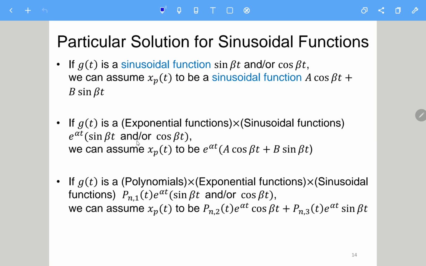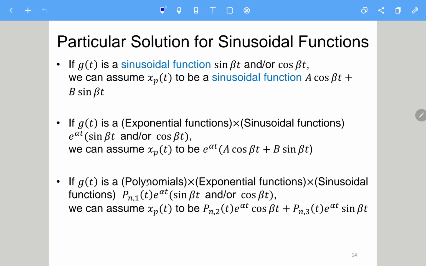Okay, so next, if g of t is exponential function times sinusoidal function like this, then you should assume the particular solution to be the exponential function times the cosine plus sine, the linear combination of cosine and sine.